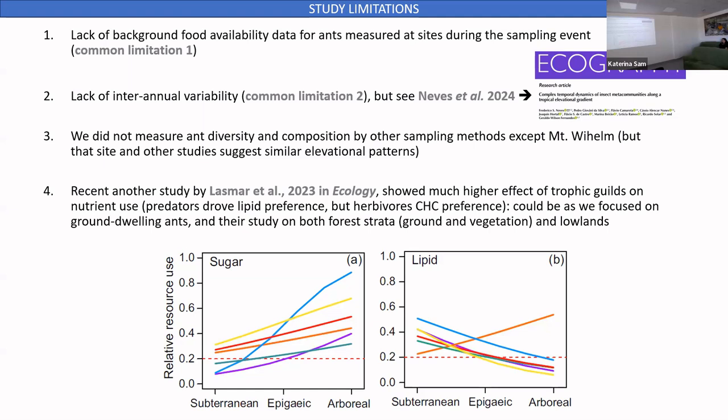Not always; there was one site which went the opposite way, but it looked quite consistent. But the problem is that this is not comparable to our study, because these studies look only at lowlands and they look at the guilds, which we don't do because we sample just the ground. So we were just here, right? So it's still difficult to draw this conclusion, because they don't sample the gradients and they look at multiple guilds by stratum, by habitat, which probably still plays a big role.